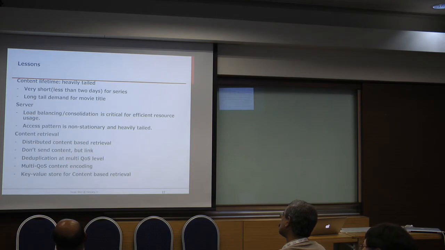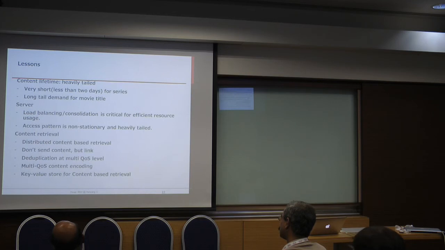In terms of content retrieval, distributed content-based retrieval is very important for scalability's sake. When you want to share content, you should not send the content but the link. We should have a mechanism to maintain the same contents at multiple QoS levels, and to detect the same contents under different QoS.